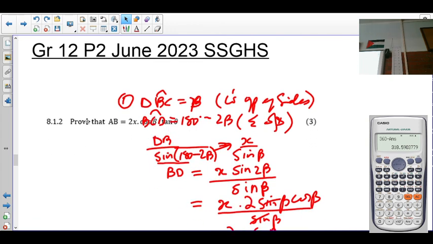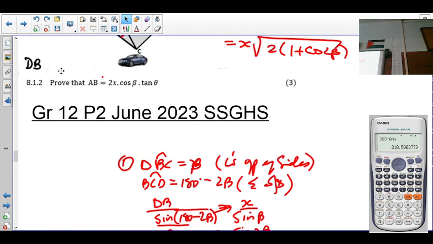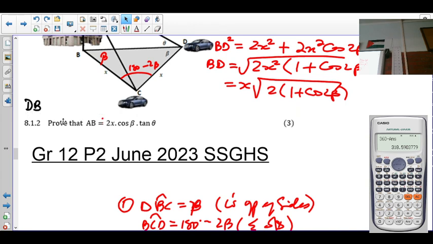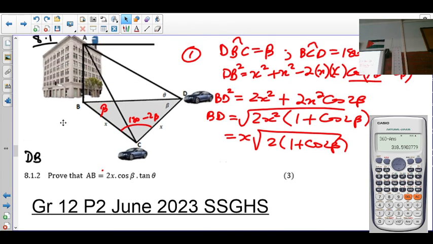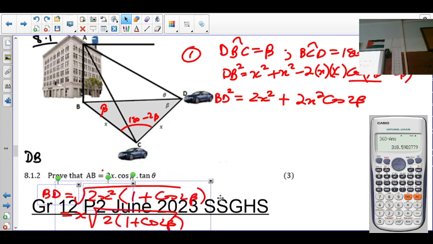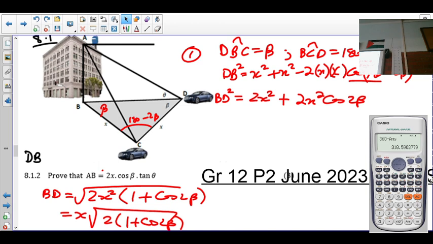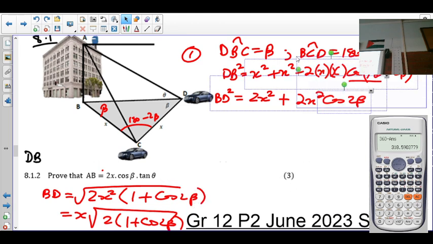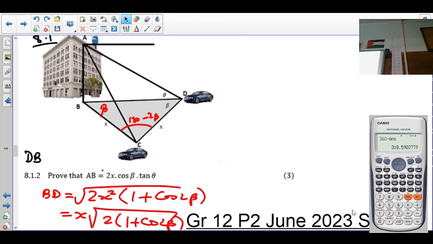Then number 2, it says prove that AB is equal to a given expression. Now you see, here's AB.